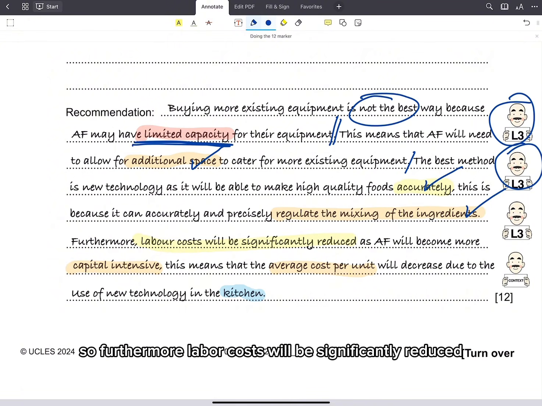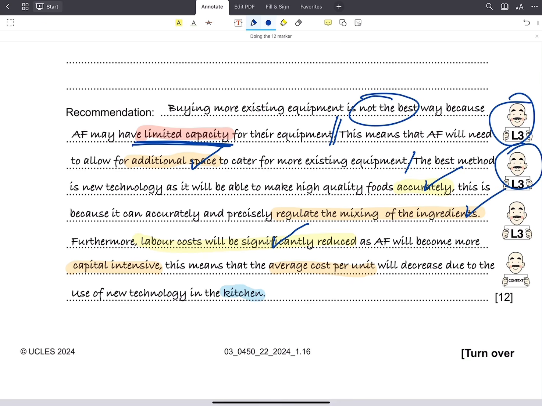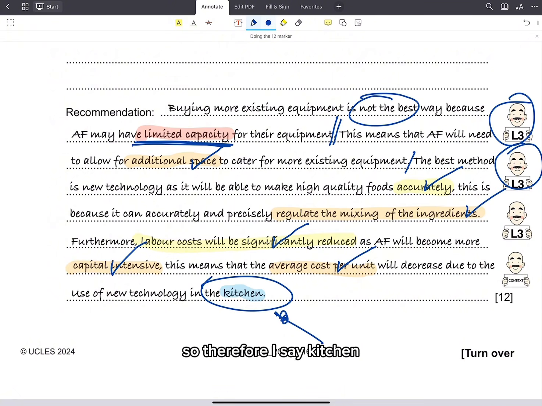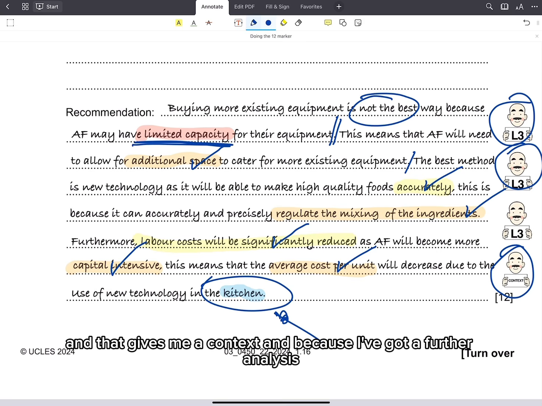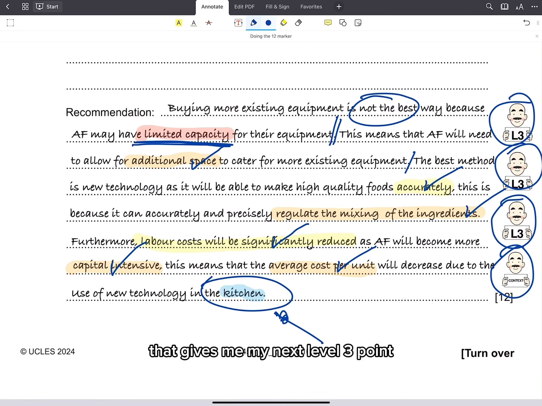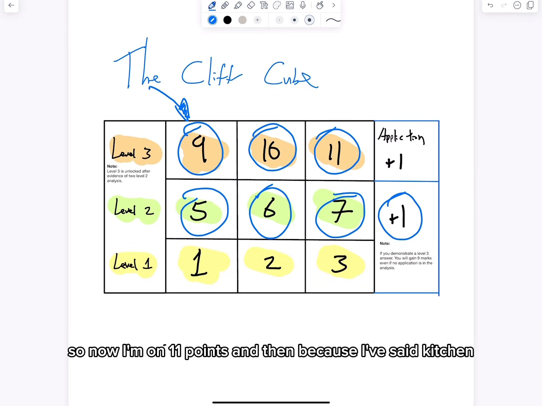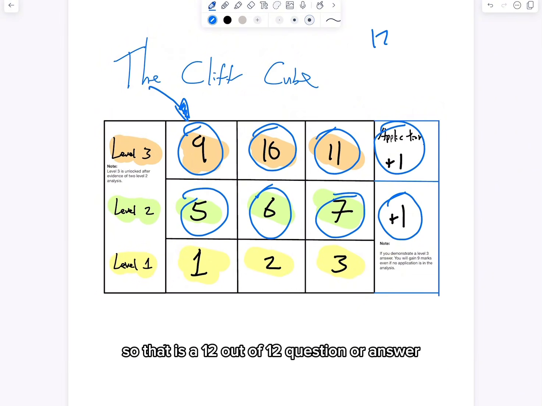So furthermore, labor costs will be significantly reduced as AF will become more capital intensive. So the average cost per unit will decrease utilizing the new technology in its kitchen. Now, the case study is about a kitchen, so therefore I say kitchen, and that gives me a context. And because I've got a further analysis, that gives me my next level 3 point. So now I'm on 11 points, and then because I've said kitchen, that gives me my application. So that is a 12 out of 12 answer.